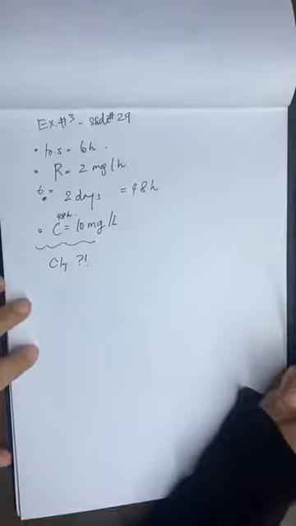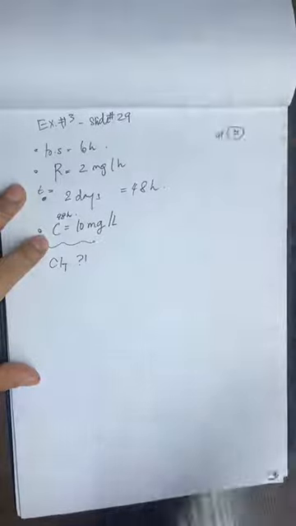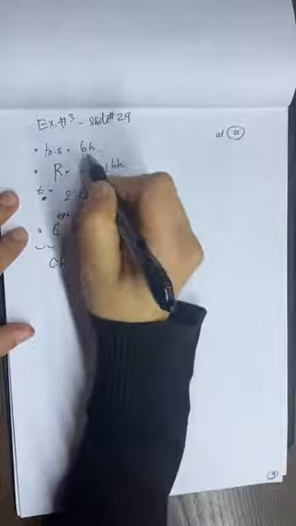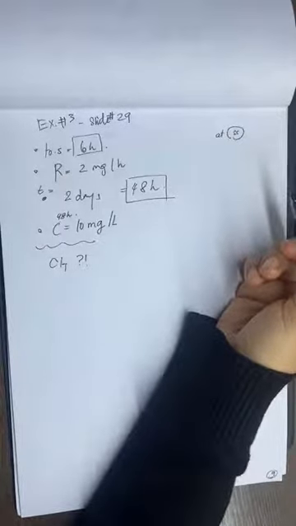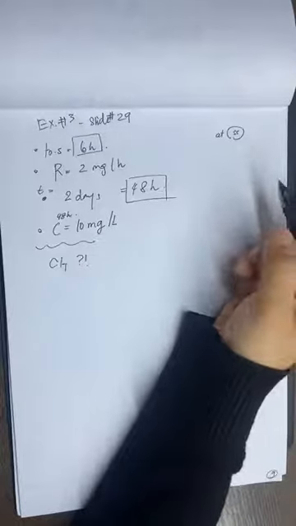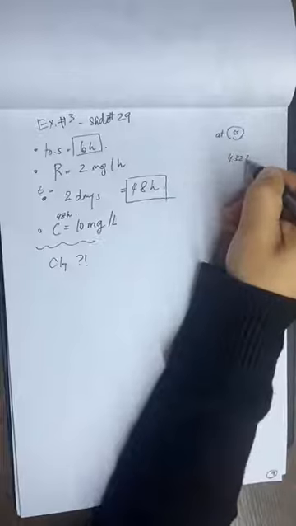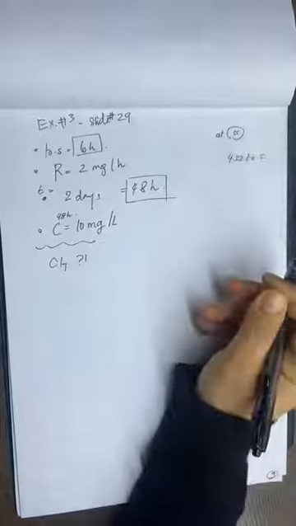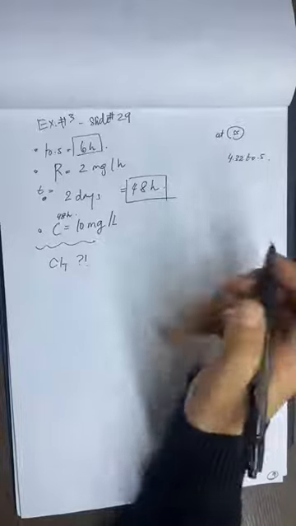Again, you need to ask yourself, am I at steady state or not? To determine this, you have 48 hours and you have 6 hours as half-life. So what you need to do is determine whether you are at steady state by knowing if you have 4.32 half-lives. How will you do that?